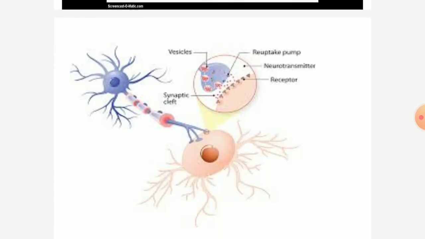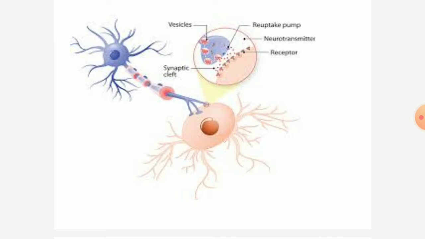In our body there are many neurons which are connected to each other like an electric circuit. The axon terminal of one neuron is attached to the cell body of another neuron. The space between two neurons is called the synapse or synaptic cleft. Many neurotransmitters are released at the axon terminal.